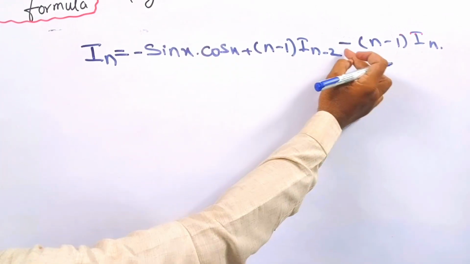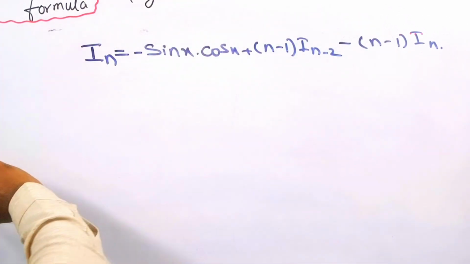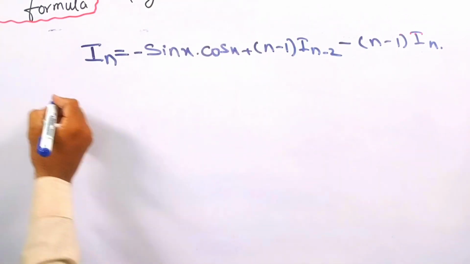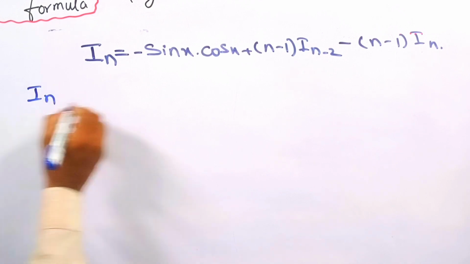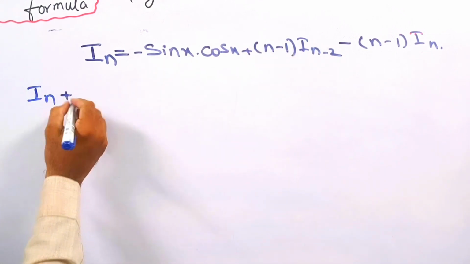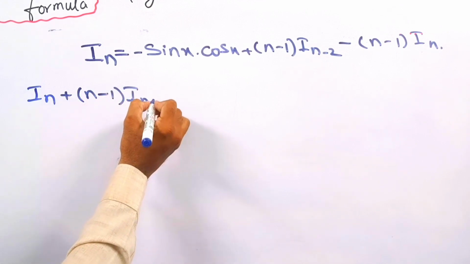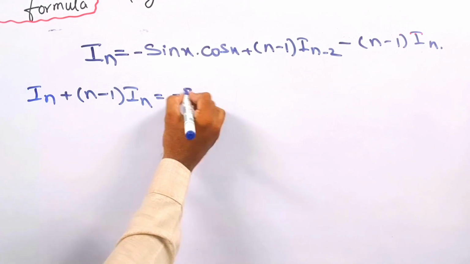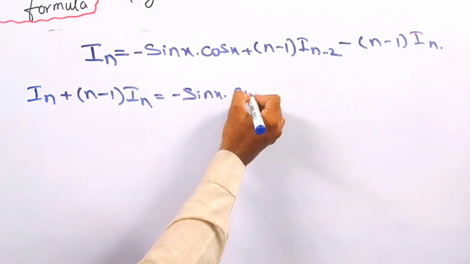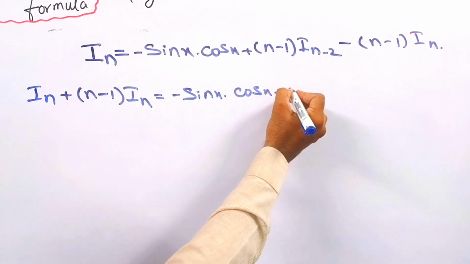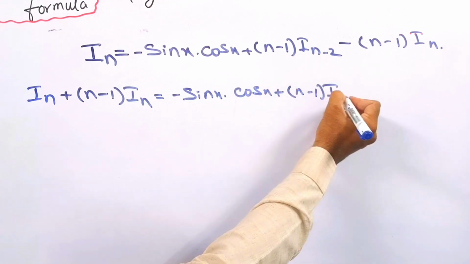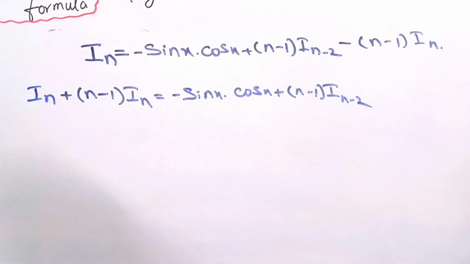Now what I will do, this negative part, if I bring it to the left hand side, it will be positive, or plus. So I will write I_n, this negative part comes here plus, then I will write (n minus 1) I_n equals, same thing I will write, minus sin x cos x plus (n minus 1) I_(n-2). From these two, I will take I_n outside.